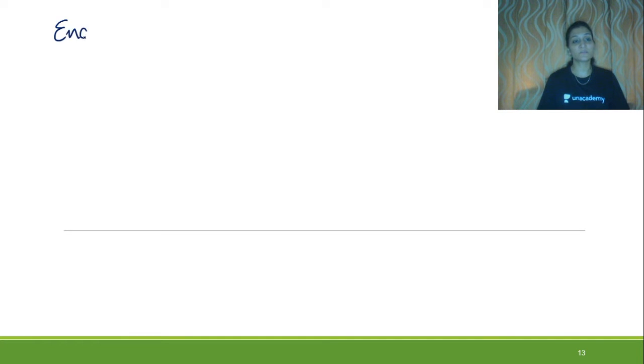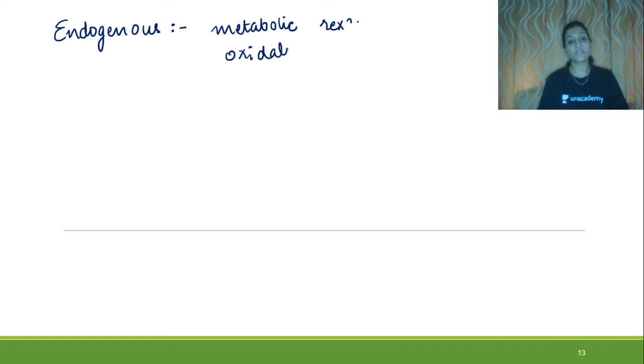Endogenous, so as the word itself says, these are produced in the body by metabolic reactions, or you can say normal oxidation of foodstuff, particularly the oxidation of food.